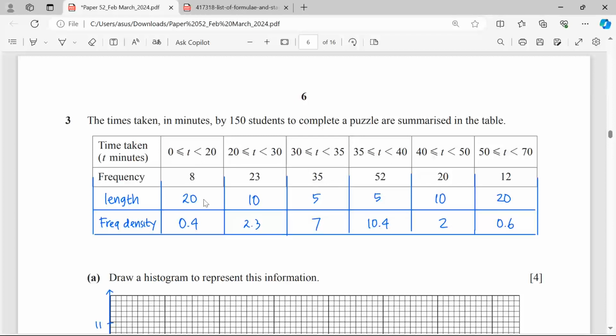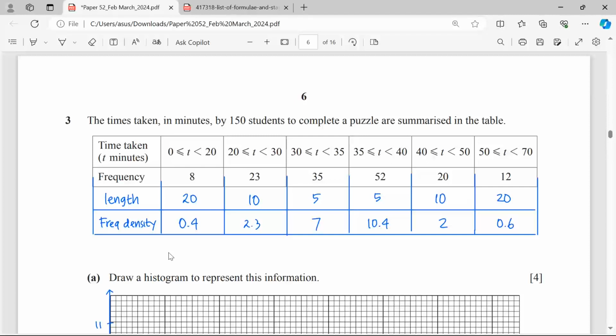And we know that 20 and 10, they are not the same. So if you see this kind of situation, you have to find the frequency density before you draw the histogram. So we don't use frequency on y-axis. Instead, we will use frequency density on the y-axis.